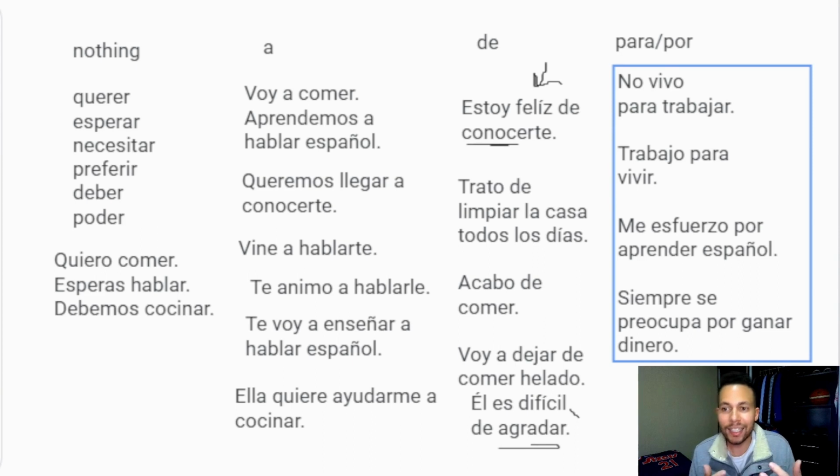But por technically is more like the thing after por isn't the destination, but the motivation. It existed before the thing before the por. So the idea here is I exert myself because of my motivation to learn Spanish.